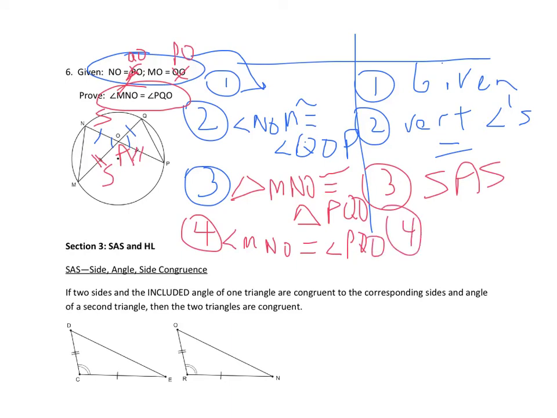And remember what we talked about in the last section, that is CPCTC, corresponding parts of congruent triangles are congruent. So once you have the triangles congruent, then you can say corresponding angles or corresponding sides are congruent. So you have to prove triangle congruence first.